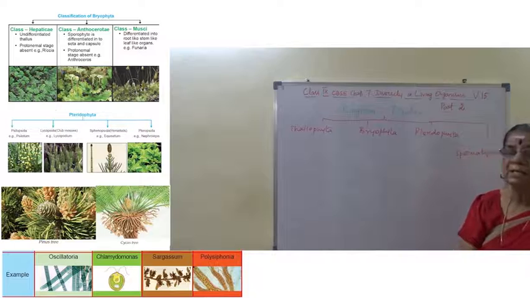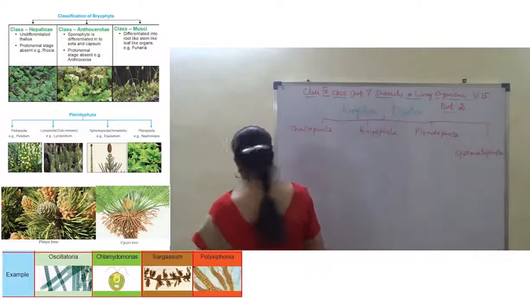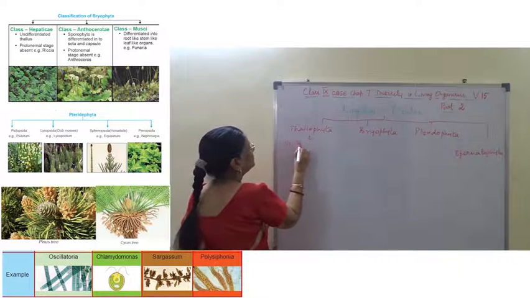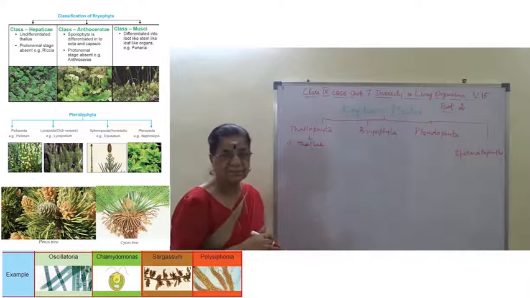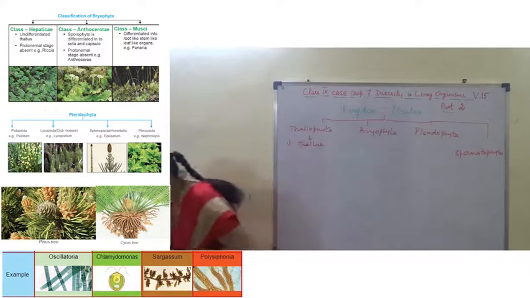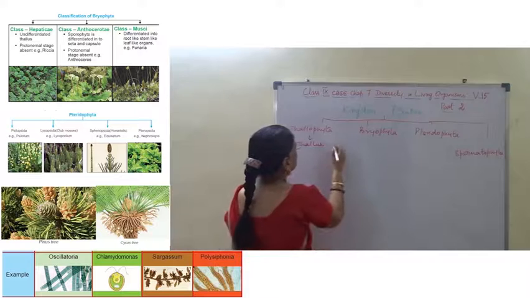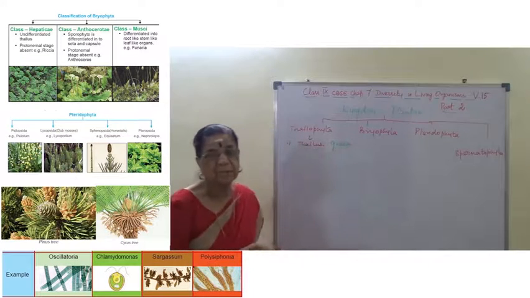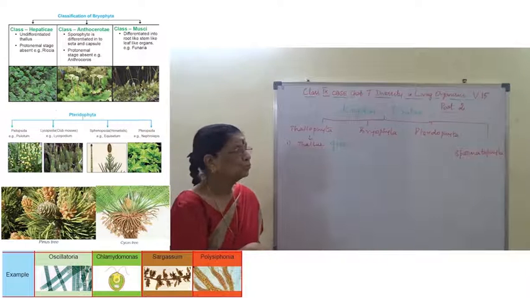Now the features of Thallophyta: the plant body is called thallus. It is mainly green, characterized by the presence of chlorophyll.